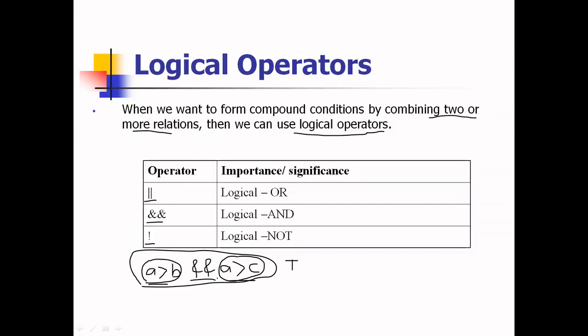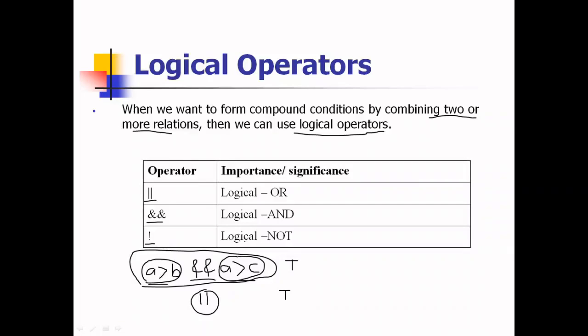Otherwise it is false. In case of OR operator, if either of the conditions is true, then the compound condition is true. If both of the conditions are false, then only the compound condition is false in case of OR operator.